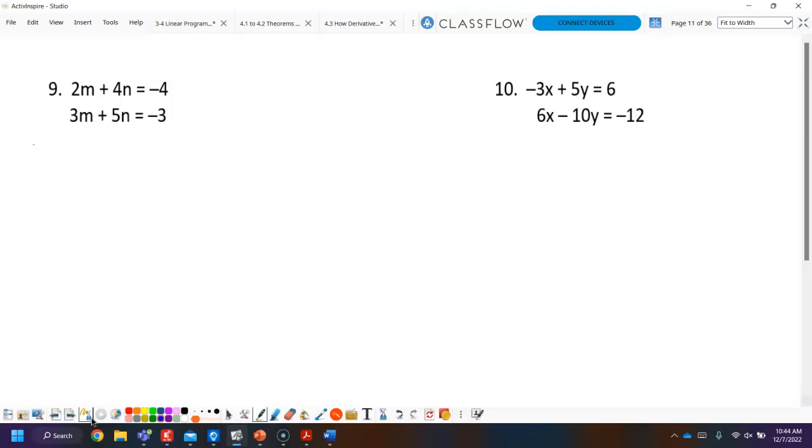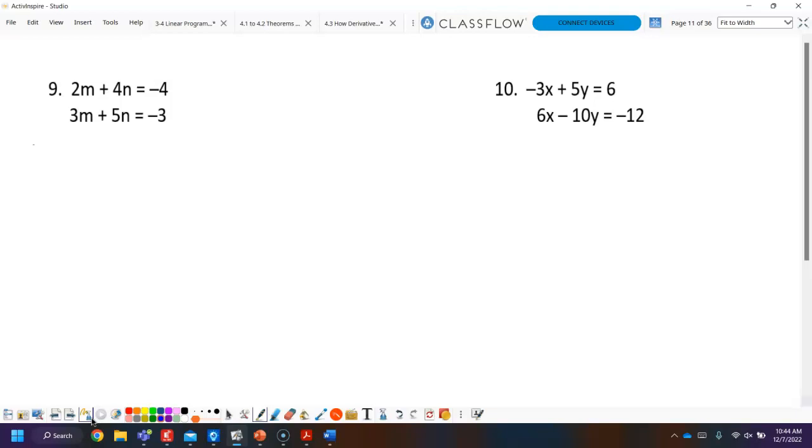In number 9, do I have any numbers that if I add them together they make 0? Do I have any numbers that are just the same number? No. So this is a case where we have to multiply our equations so that they do eliminate one versus the other.